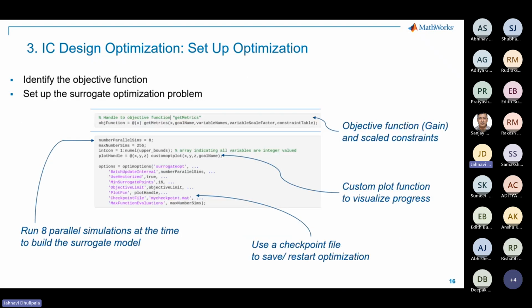And now let's get into the third step. The third step of our IC design optimization is we configure our optimization algorithm. This is the main step.